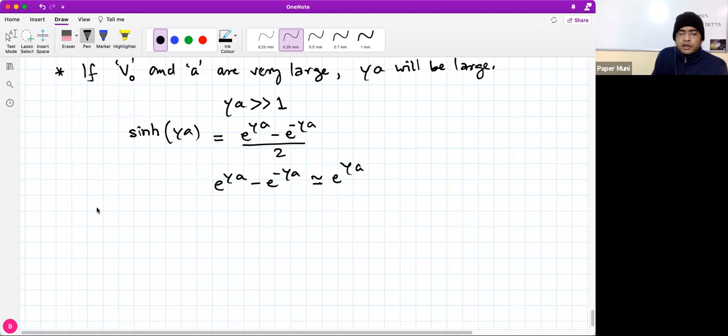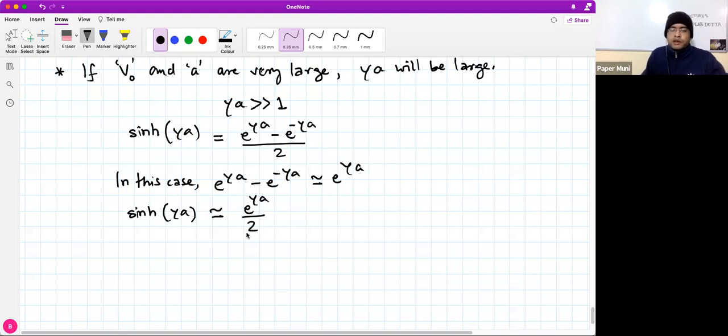So for this approximation, the sine hyperbolic term reduces to e to power gamma a by 2. This is what it depends on when gamma is very high.